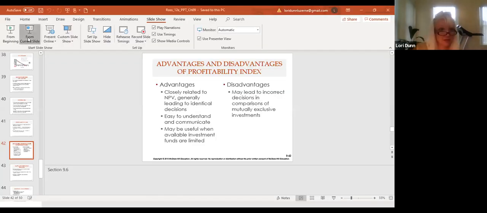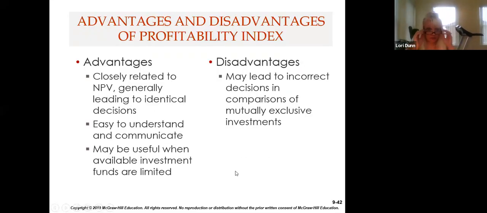So we have some positives and negatives here. We'll wrap this chapter up. The advantages of it: it's closely related to net present value, generally leading to identical decisions. It's easy to understand and communicate, easy to do too. It may be useful when available investment funds are limited, as I said, but the major disadvantage is it could lead to incorrect decisions in mutually exclusive investments.